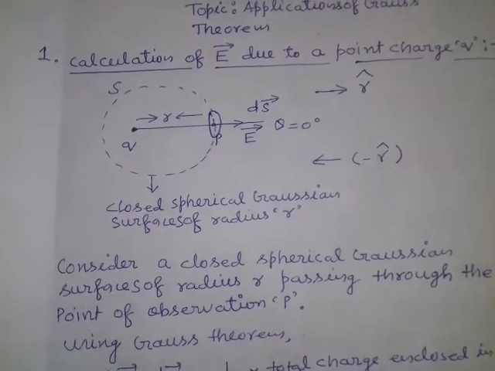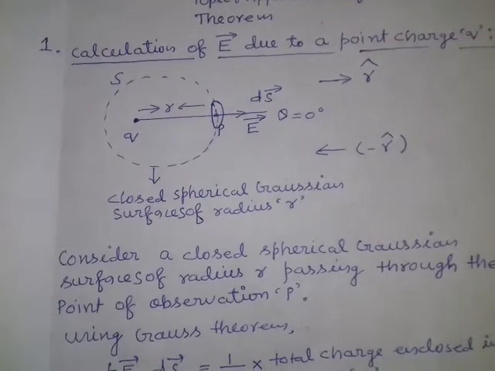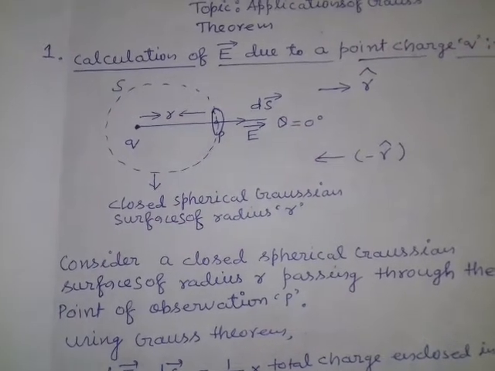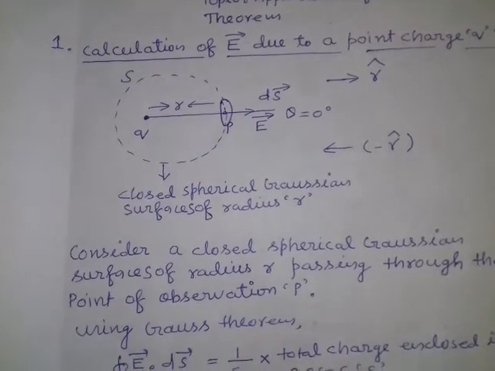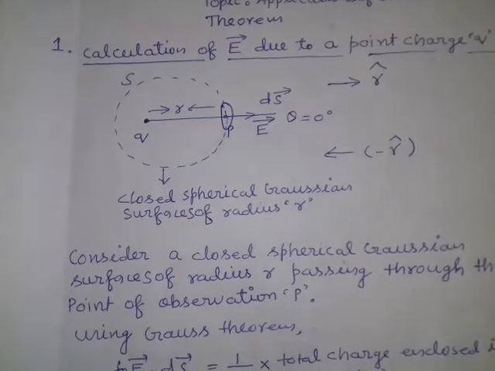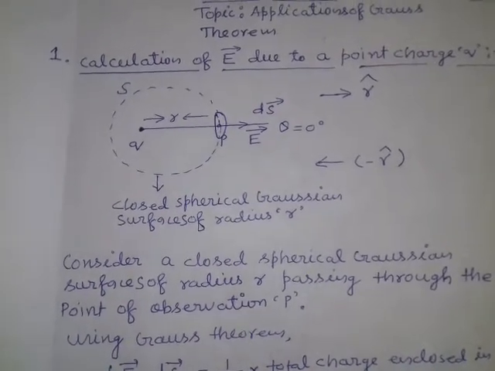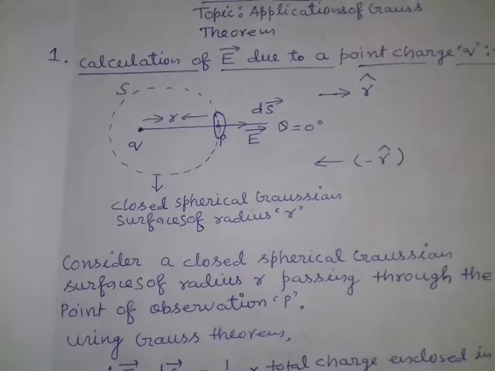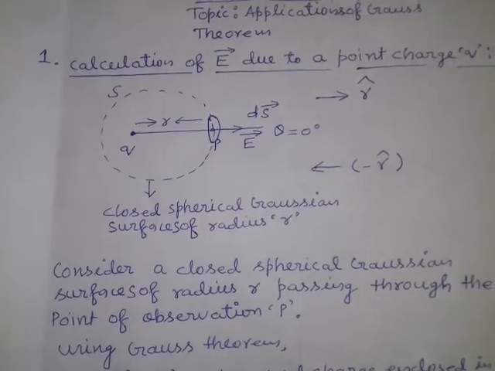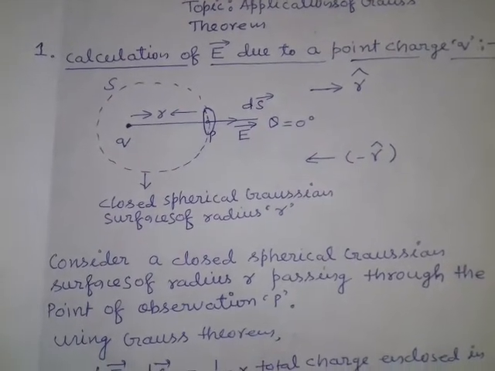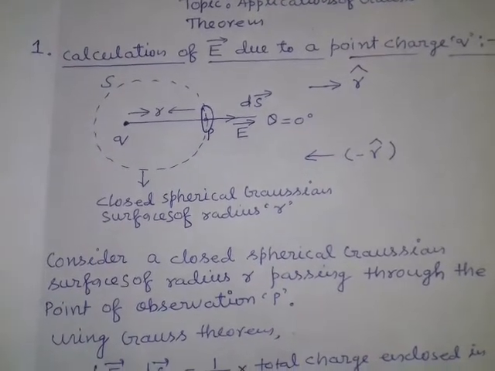In the Coulombian approach, what we did, we put a Q naught test charge at the point of observation and then calculated the electric force felt by this Q naught charge, and then we divided this electric force by the value of test charge Q naught, and we got the electric field, which is 1 upon 4 pi epsilon naught Q upon r square, either away from the source charge Q or towards the source charge Q, depending on the nature of the source charge.